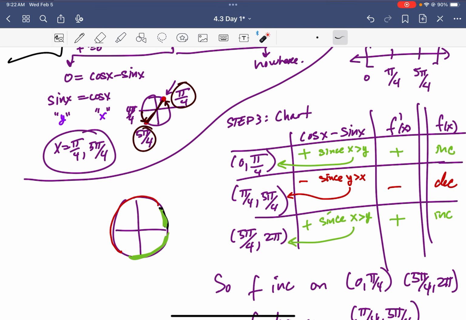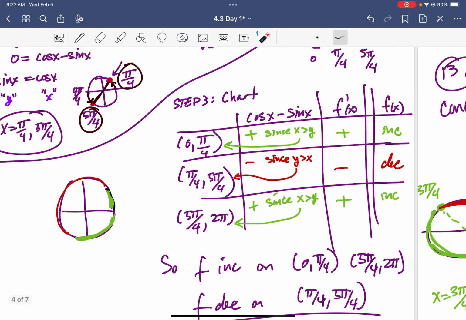In here, again, I take a number between 5 pi over 4 all the way to 2 pi. We'll pick an easy example, maybe like this one. Here, x is 0 and y is negative 1. So 0 minus a negative 1 is a positive 1. So since I got a positive here, my guess is I'm going to get a positive for all of these. So that means the derivative is positive, which means f is increasing.